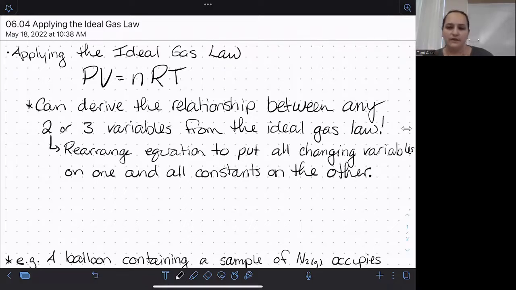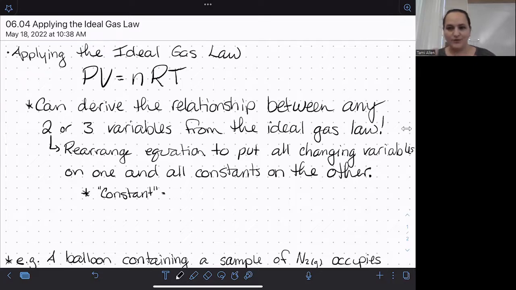And what this allows us to do is that once you have put all of the constants on one side, what it means for pressure times volume to equal a constant is one of the relationships that we already saw earlier, just based on our understanding of molecular movement.